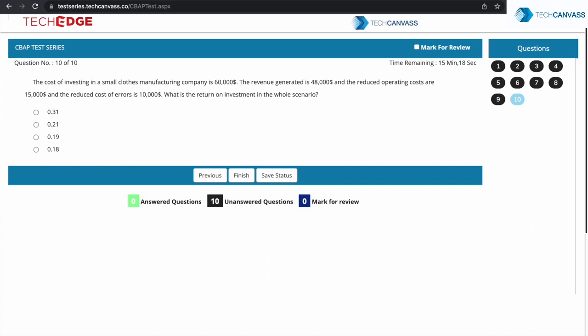The revenue generated is $48,000, the reduced operating costs are $15,000, and the reduced cost of errors is $10,000. What is the return on investment in the whole scenario? So there are multiple numbers given here, like cost of investing, revenue generated, reduced operating cost, and even reduced cost of errors. So let's look at what the correct answer is.